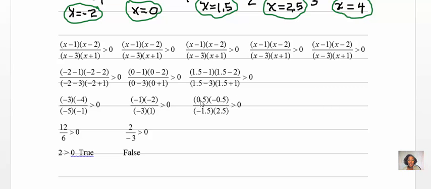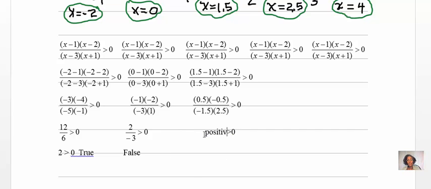The product in the numerator will be negative, and the product in the denominator will be negative. So a negative divided by a negative is positive. So we wind up with a positive greater than 0.